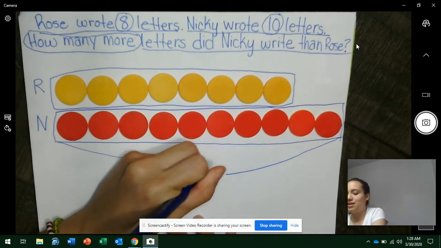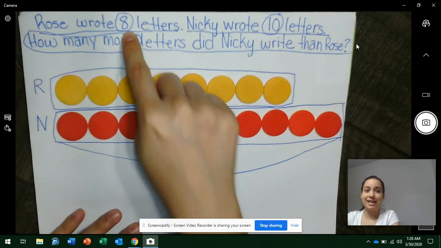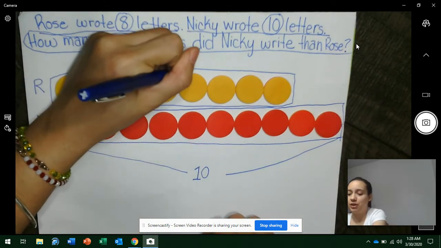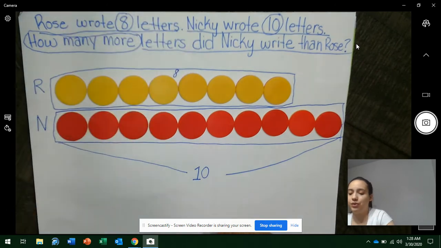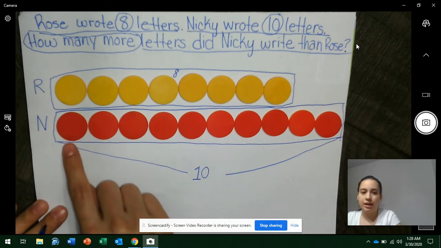Yes, he wrote 10 letters in total. Awesome job. And how many letters did Rose write? Get ready. Yes, she wrote 8 letters because this is what she has. But her part, I'm going to put it inside because we want to know how many more letters did Nikki write than her.